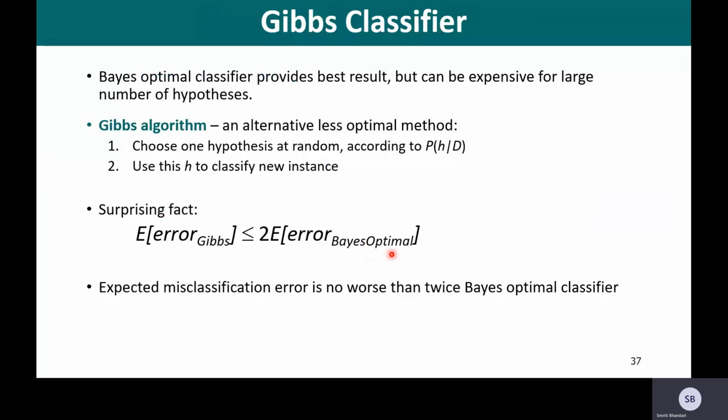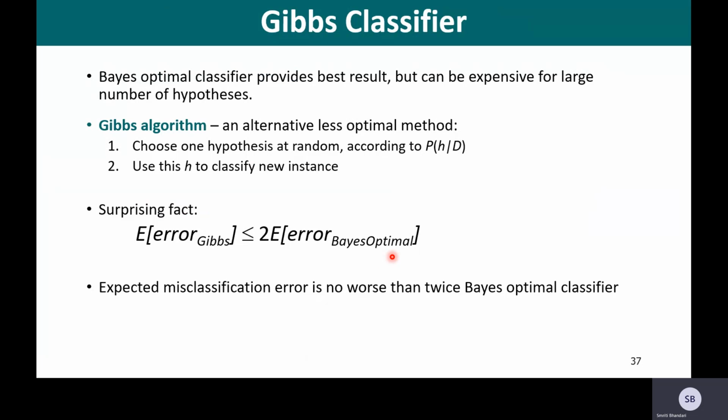This is the error obtained by making use of Bayes optimal classifier, and this gives us the error obtained by Gibbs classifier. So surprisingly, even though we are randomly picking out the hypothesis, the surprising fact that we may observe in experimentation is that the expected misclassification error of the Gibbs algorithm is no worse than twice that of the Bayes optimal classifier. What does this mean?